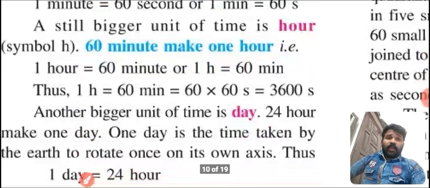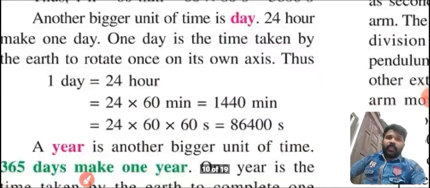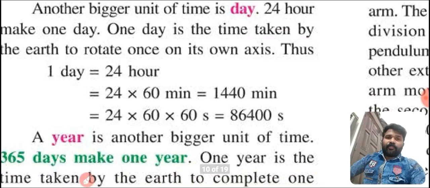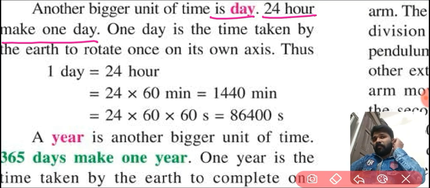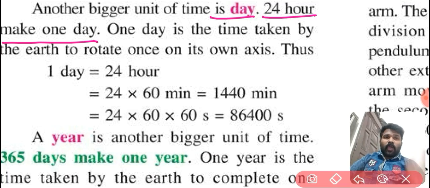Another bigger unit of time is a day. 24 hours make 1 day. 1 day is the time taken by the earth to rotate once on its own axis.